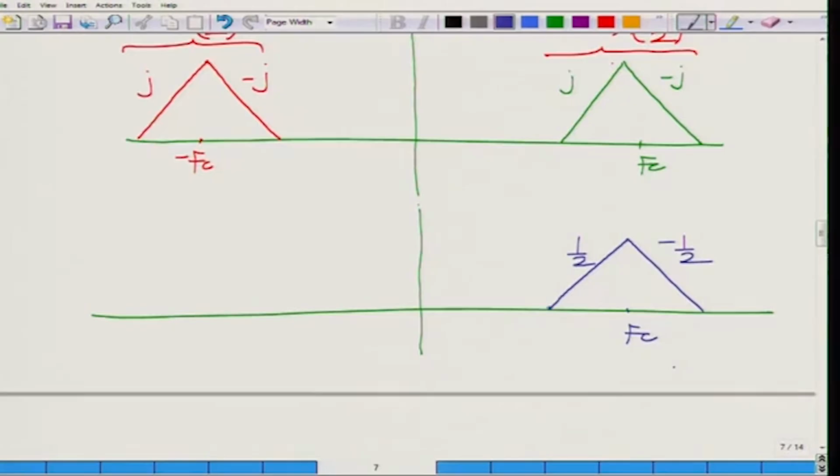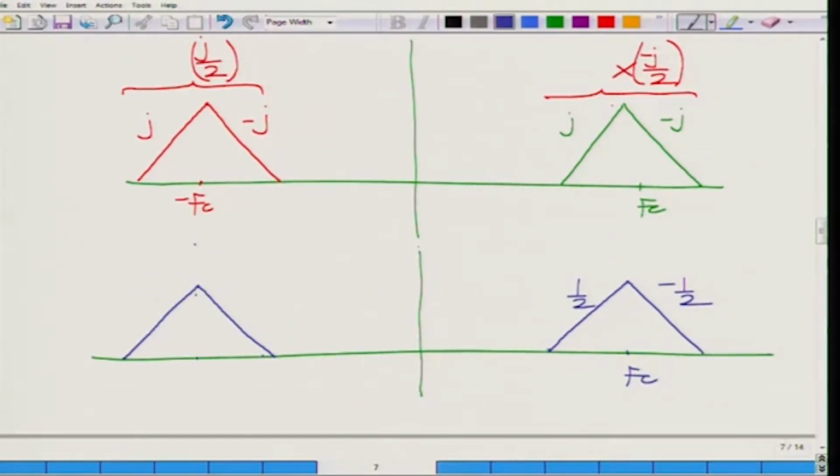This is at f c. At minus f c we will have something interesting: minus j multiplied by j by 2. So, that will give us the lower band. This is multiplied by half, j multiplied by j by 2, upper band multiplied by minus half.